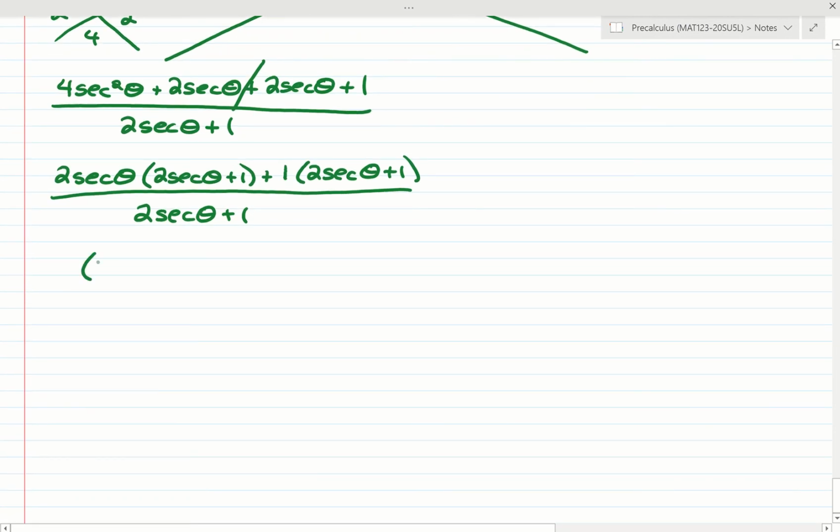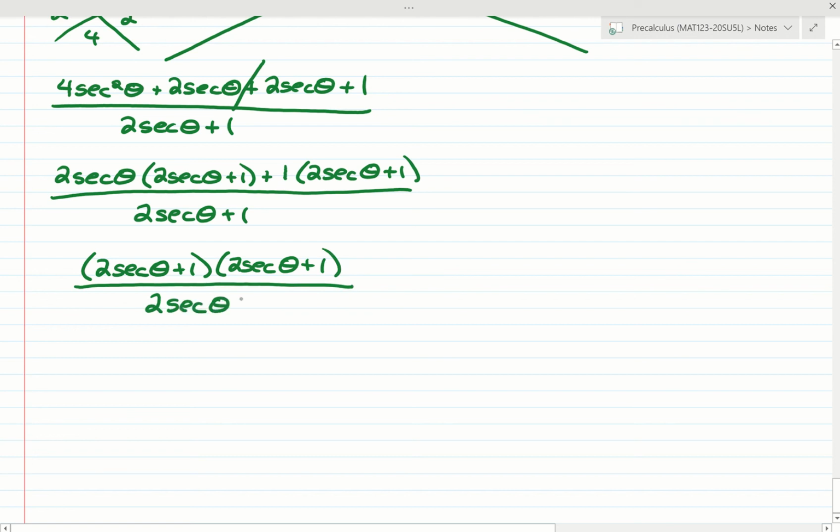We could take out that GCF, 2 secant of theta plus 1 times 2 secant of theta plus 1, all over the denominator. And we actually have the same factor on top and bottom, giving us just 2 secant of theta plus 1.